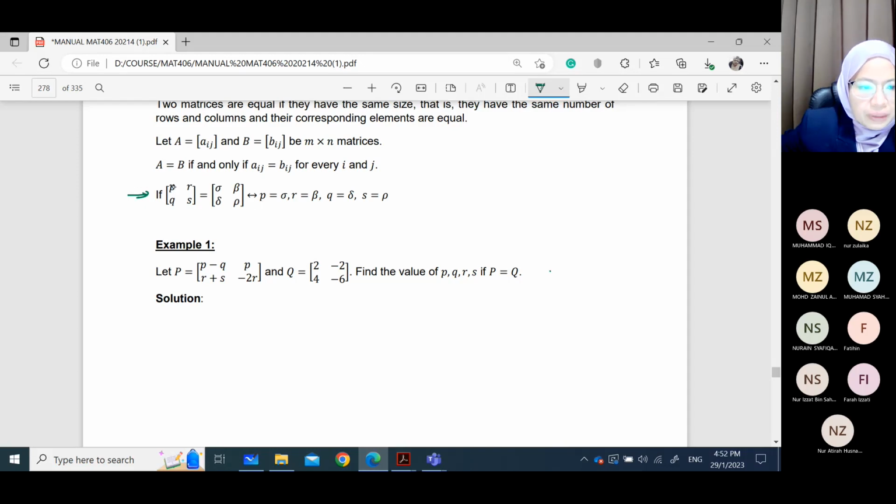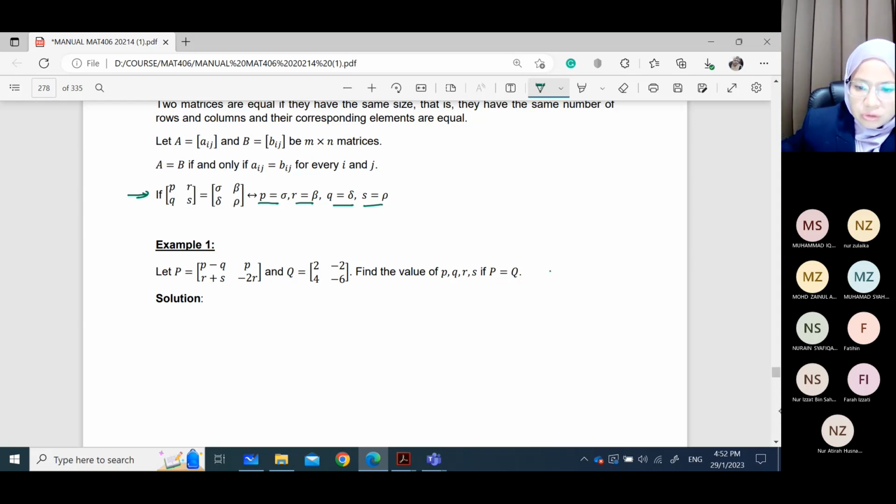So we can say that P and variance are equivalent. So R and beta are equivalent. So nilai dia sama lah. Okay, so Q and delta are equivalent and S equal to phi. Okay, so ini kita panggil sebagai equal matrix.